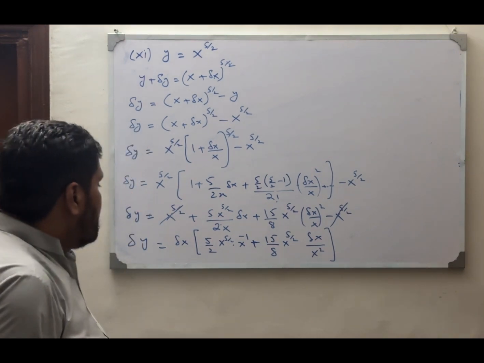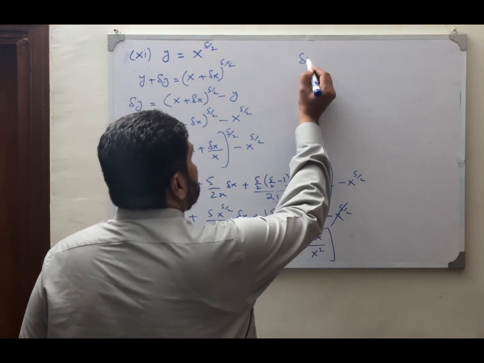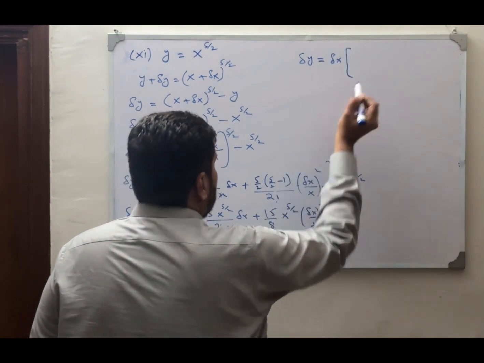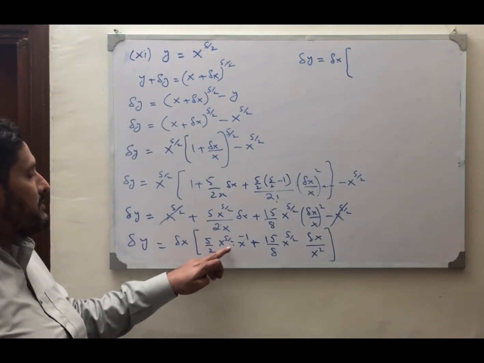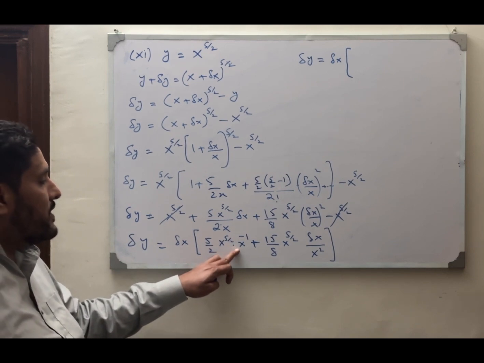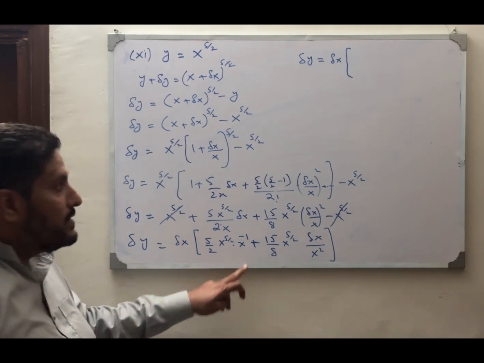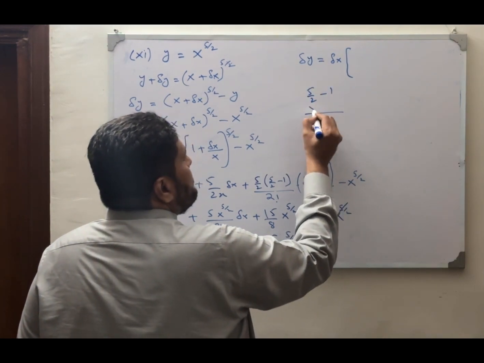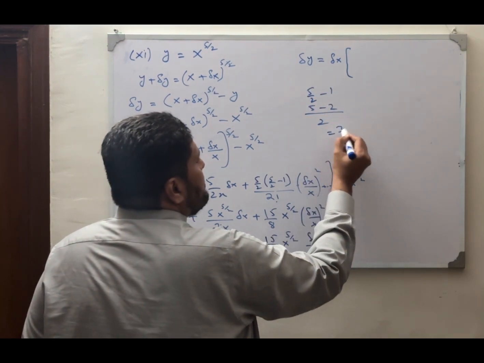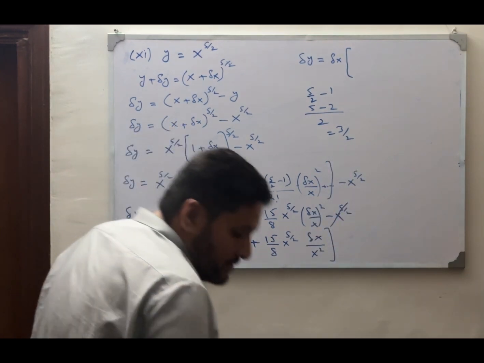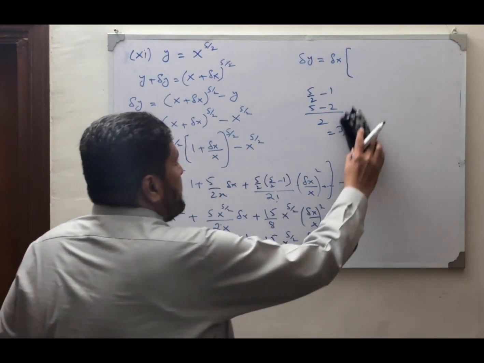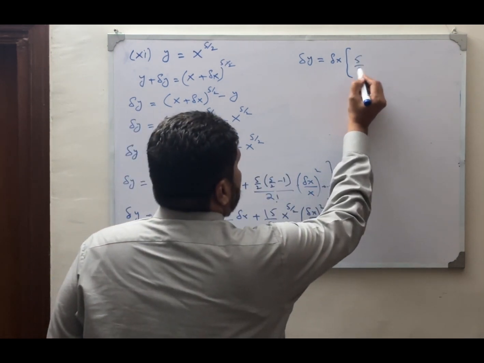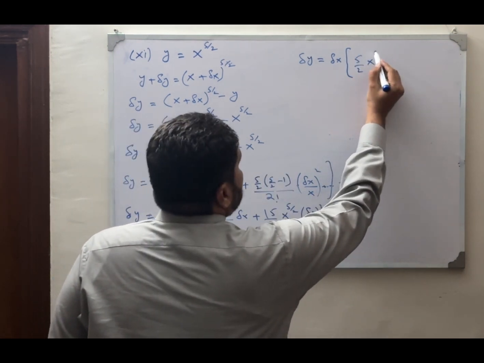So now I am writing it once more. Delta y is equal to delta x into 5 by 2 x power 5 by 2 into x power minus 1. So 5 by 2 minus 1, that is equal to 3 by 2. 5 by 2 minus 1 by taking LCM, 5 minus 2, that is equal to 3 by 2. So write it as 5 by 2 x power 3 by 2.